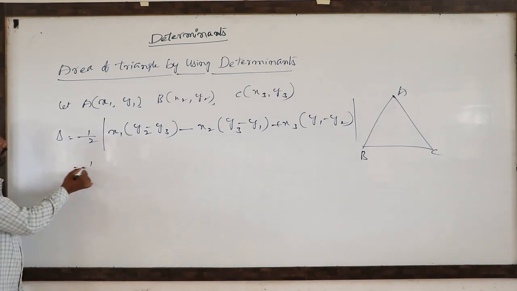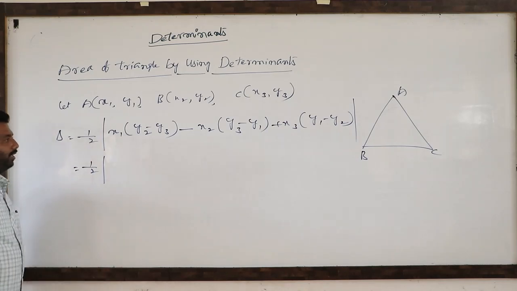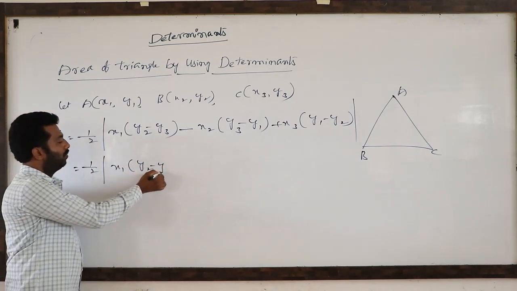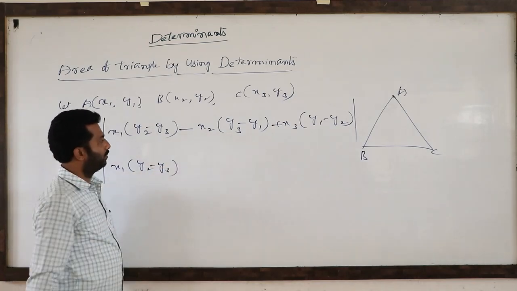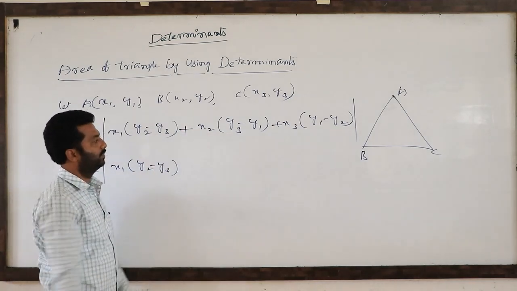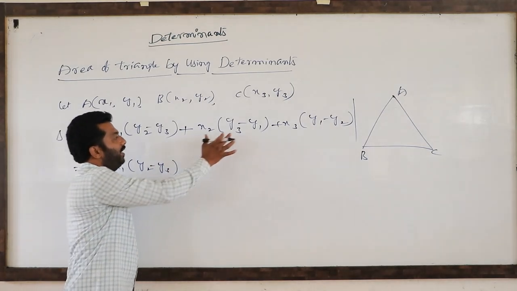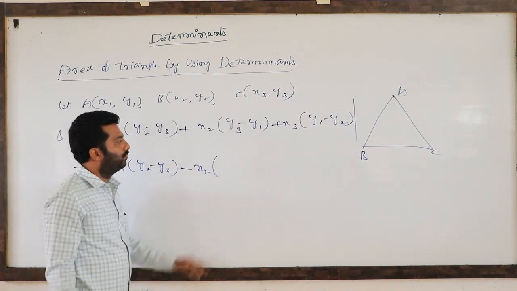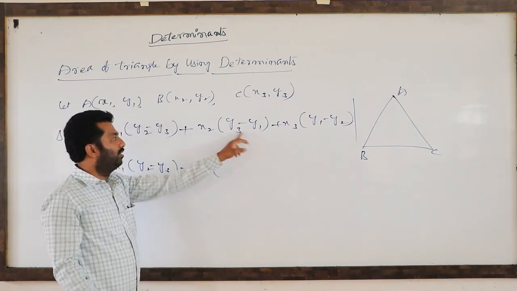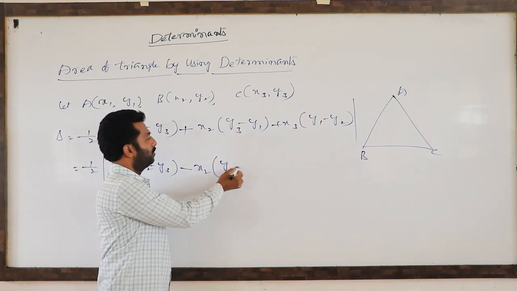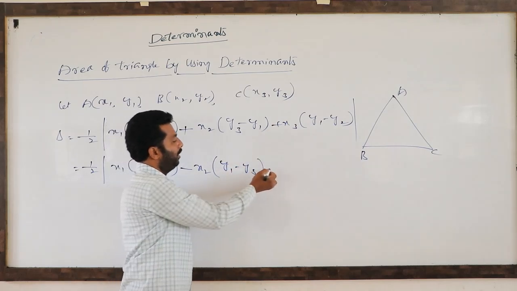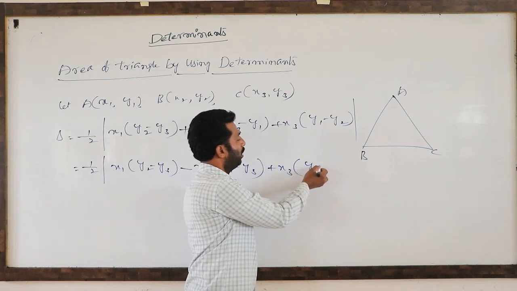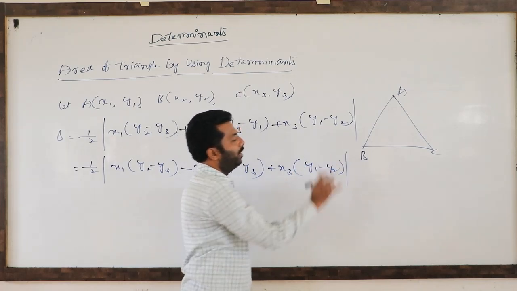So just small changes we are making here. x1 into (y2 minus y3), and the second term, sorry, is plus. If I take minus common, minus x2 into (y1 minus y3). Here no changes, x3 into (y1 minus y2) square units.